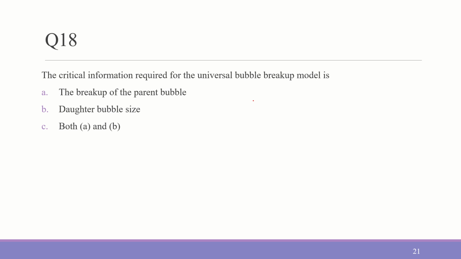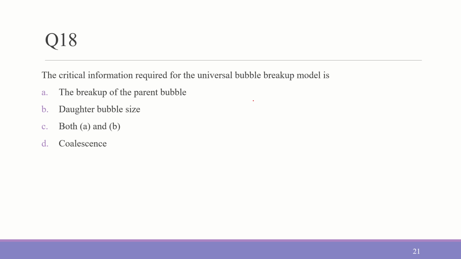Option C, both A and B. Option D, coalescence. So when you are studying the universal bubble breakup model, what critical information do you require? First, information pertaining to the breakup of the parent bubble. And second, daughter bubble size.